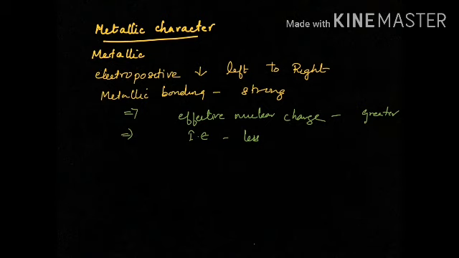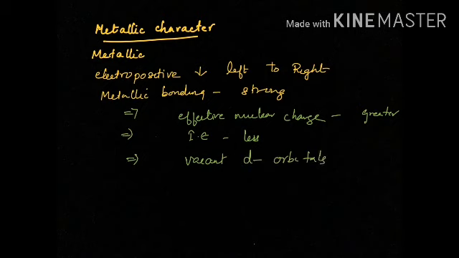What is the next reason? Effective nuclear charge is greater, ionization energy is lower, and there are a lot of vacant d orbitals. They have a lot of vacant d orbitals in the outermost shell, so they can form very strong metallic bonding.